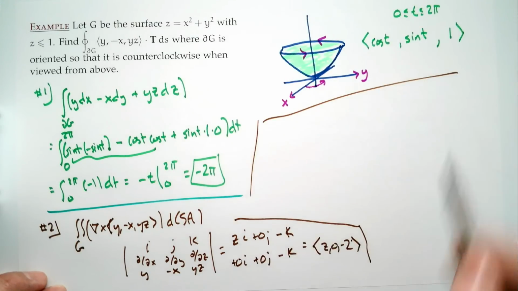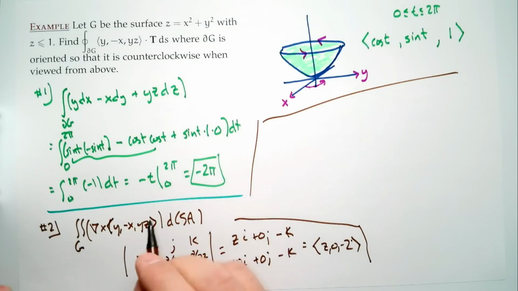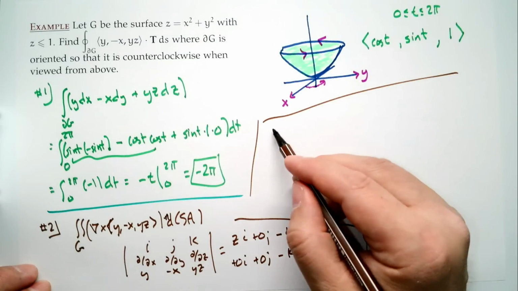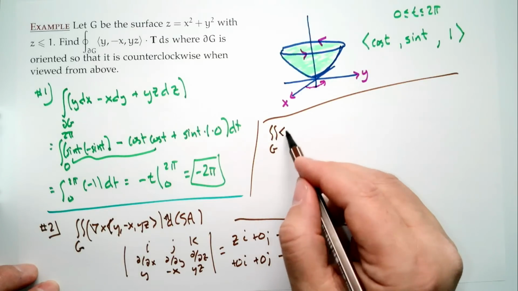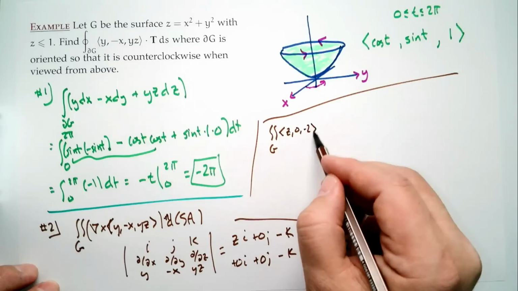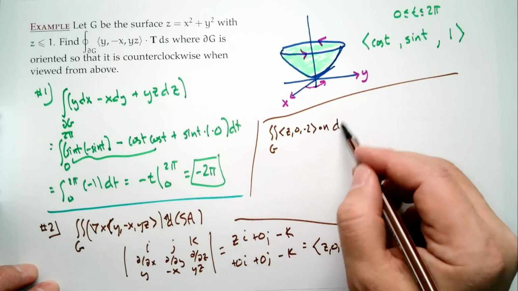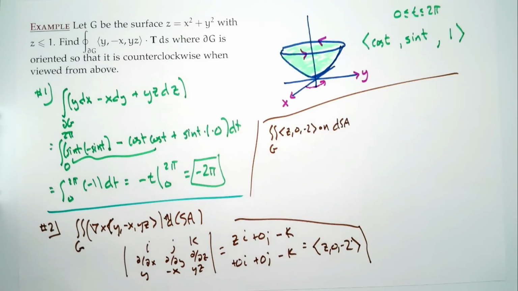So now, what are we doing? Whoops, I forgot my dot n. I'm sorry. There's a dot n there. So we're going to integrate over our surface S of z, 0, negative 2 dot n dS. Now we're finding flux through a surface. We know how to find flux through a surface.